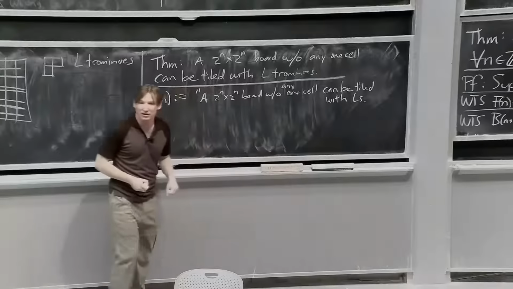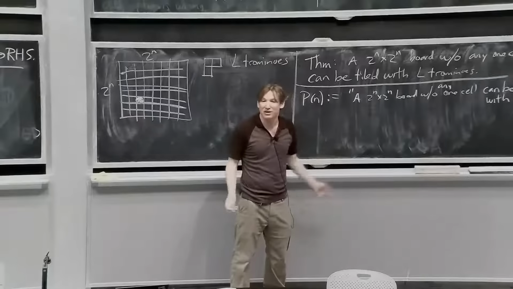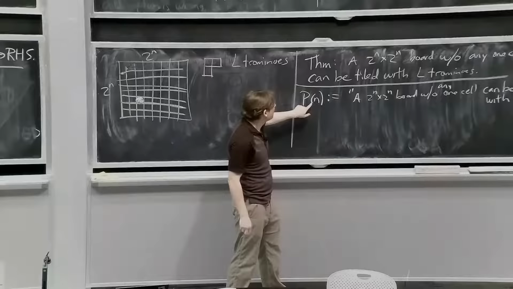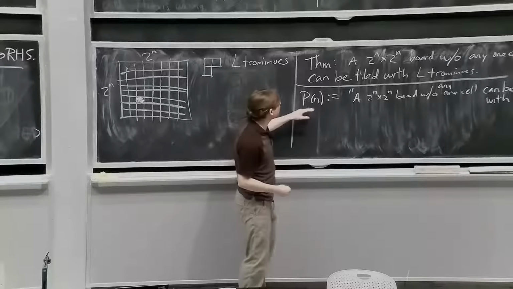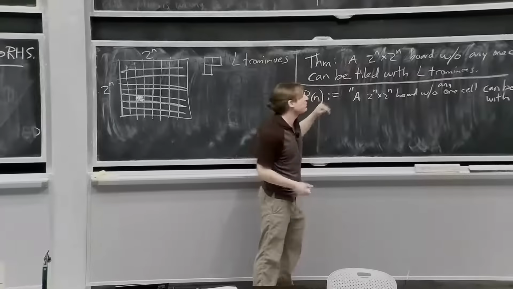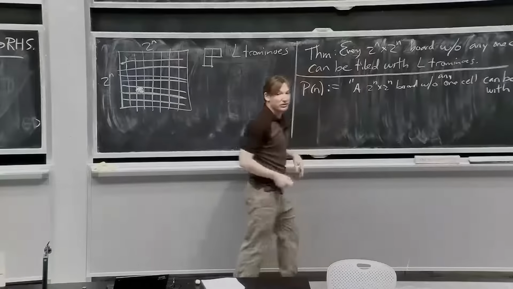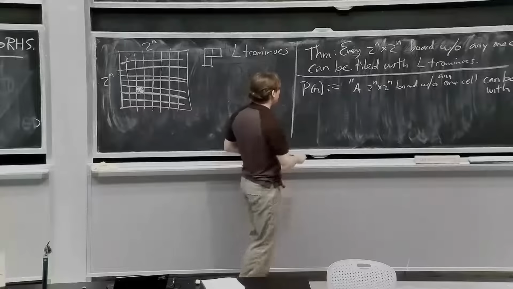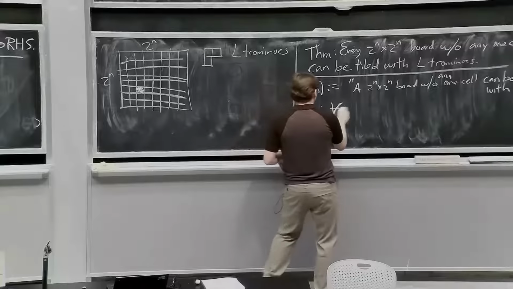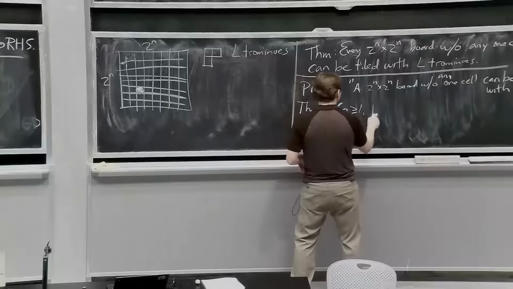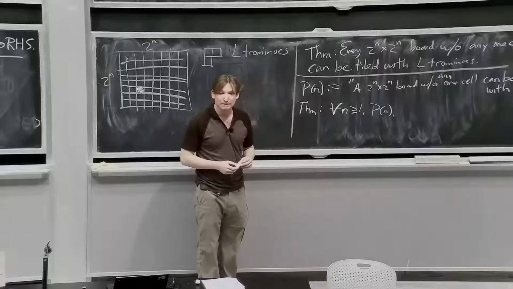I'm going to call them L's, not L trominos. And notice I kind of just wrote the same thing twice. That often happens. P of n is not our theorem. It's the predicate, which is inside of the for all that is part of the theorem. So this is really every 2 to the n by 2 to the n board. So if P of n is this, then our theorem is that for all n greater or equal 1, P of n is true. All right?